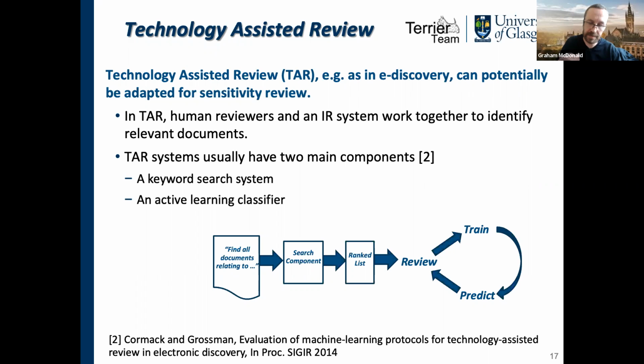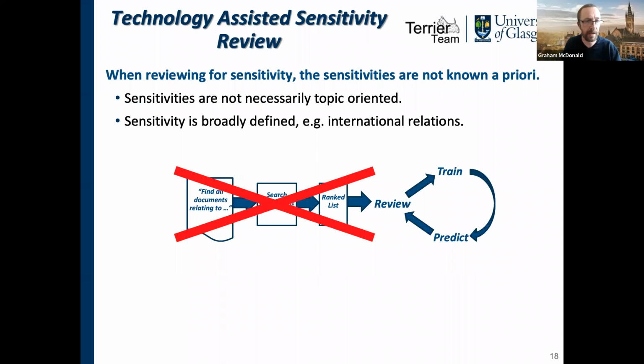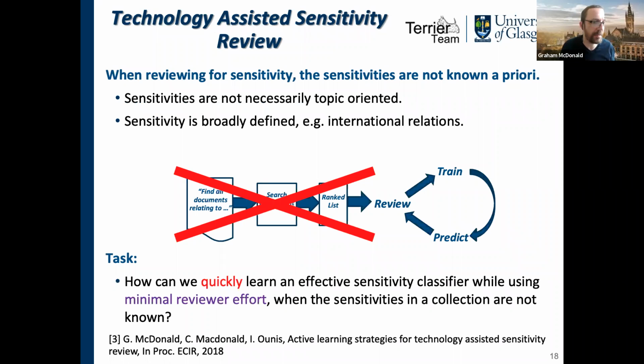Sensitivity is more akin to privilege, in that you're identifying the information that should not be released. The difference is that in sensitivity review, we don't really have this first part of the system. We can't have a search system to start looking for the sensitivities because we don't know what they are. So the question is, how can we quickly learn to identify sensitivities when we don't know what the sensitivities are?